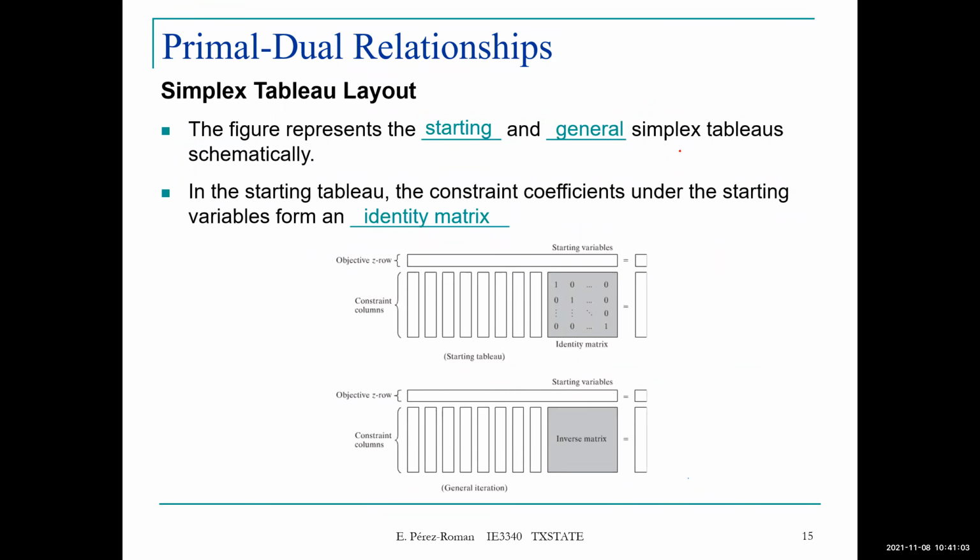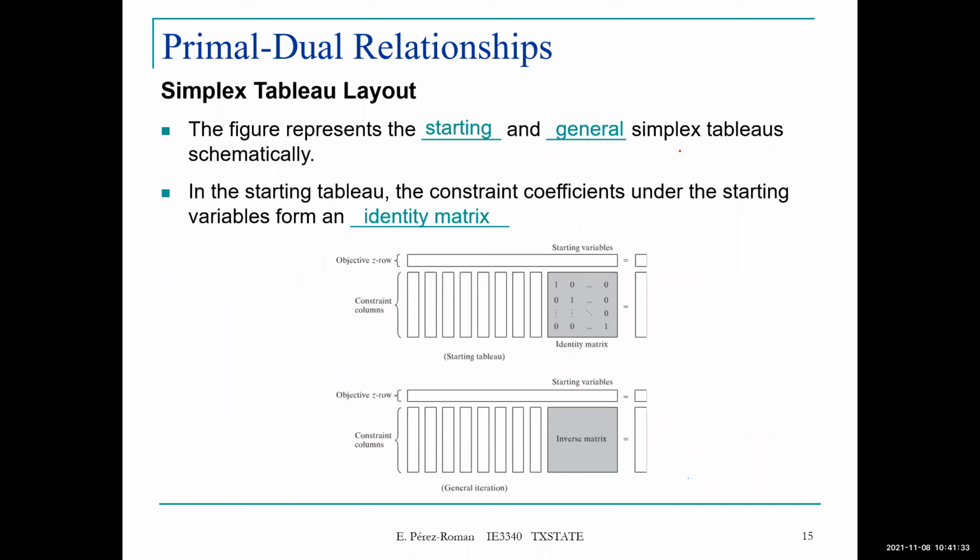If you go back to when we started with the simplex method, with less than or equal constraints, we were using the slack variables, and you always have that identity matrix under S1, S2, and S3, the slacks, right? Those were giving you the initial solution for the problem. Later we added the artificial variables for other types of problems. But I want you to remember that one because I think that will be the easiest way to understand it.